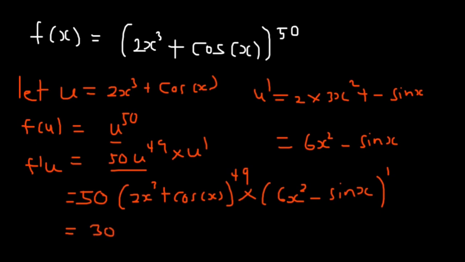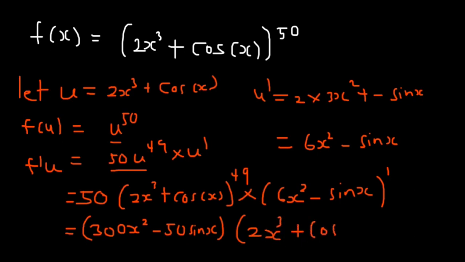So I have 300x squared minus 50 sine of x, multiplying 2x to the power 3 plus cosine of x, all to the power 49. This will be our final answer.